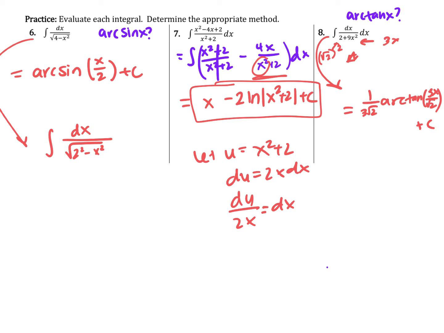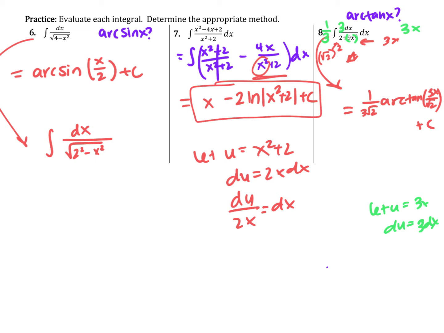And that 3 in the denominator is coming from the derivative of 3x being 3, so I need an extra 3 in the numerator, which means I need a 1/3 in the denominator. Or, again, you could say, let u equal 3x, so du equals 3 dx, and you could rework it and see that arctangent relationship. So I'm going to give you a few more.